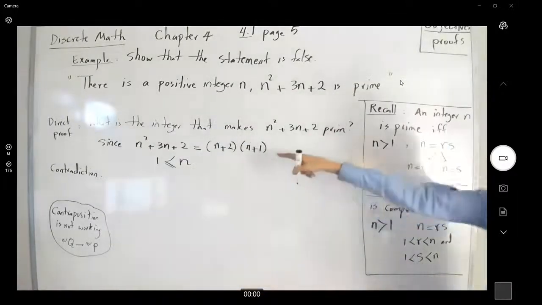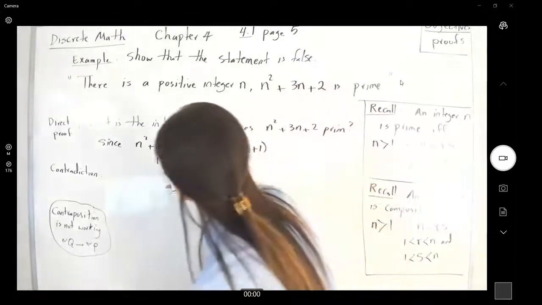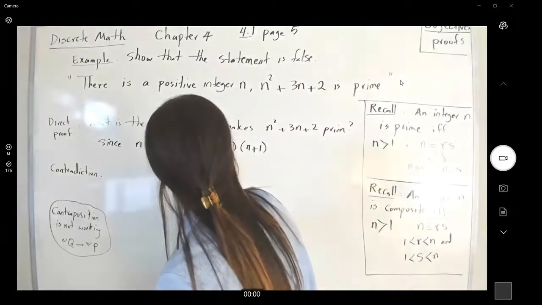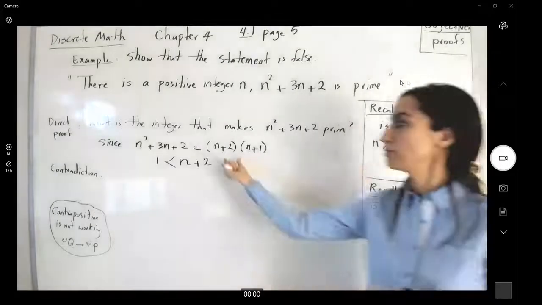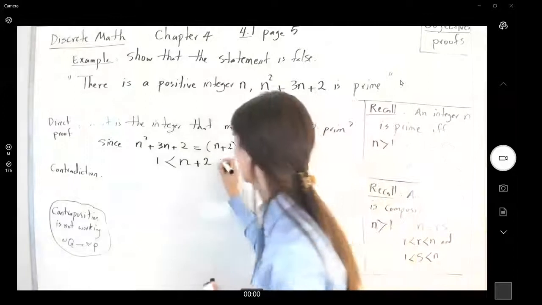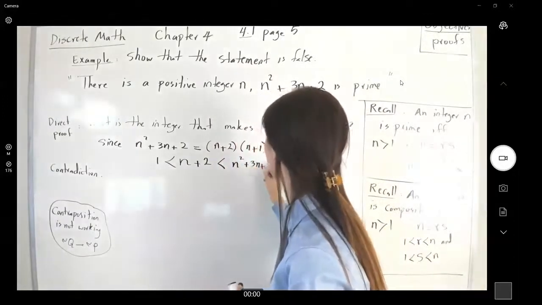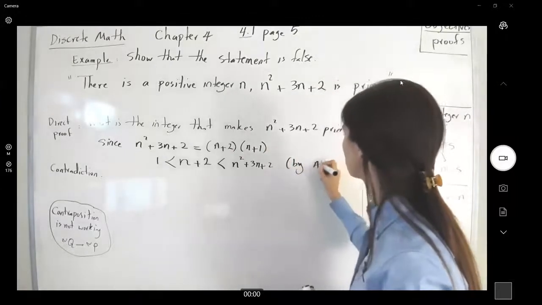All right. So n plus 2 is definitely greater than 1. At the same time, n plus 2 is a factor of n squared plus 3n plus 2, so it definitely is less than n squared plus 3n plus 2 by algebra.